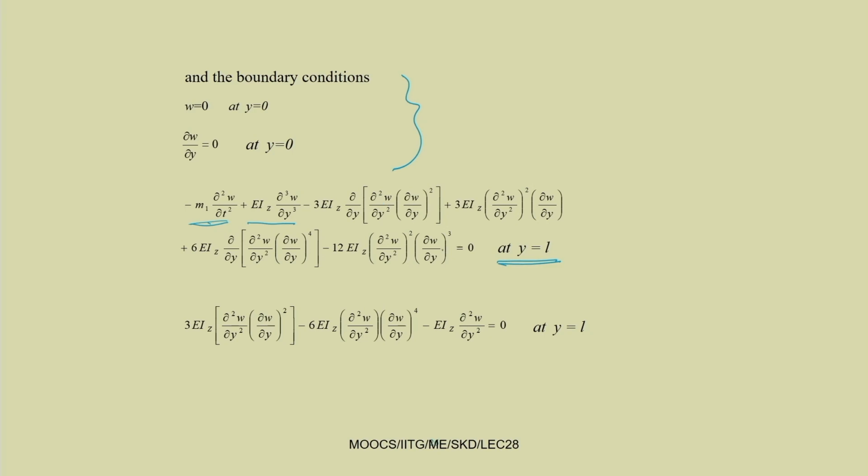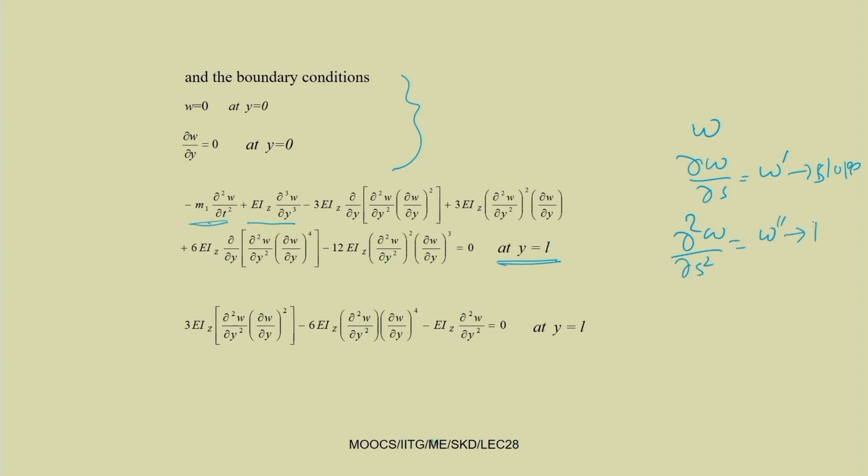These are combinations of different things. For example, W is the deflection, so del W by del S equal to W dash is the slope, and del square W by del S square equal to W double dash.